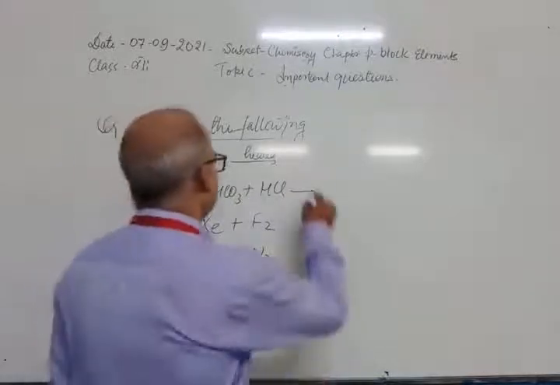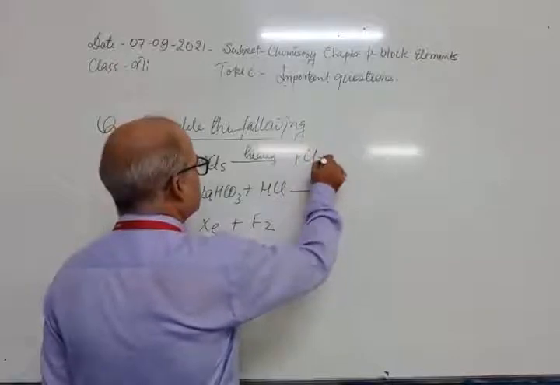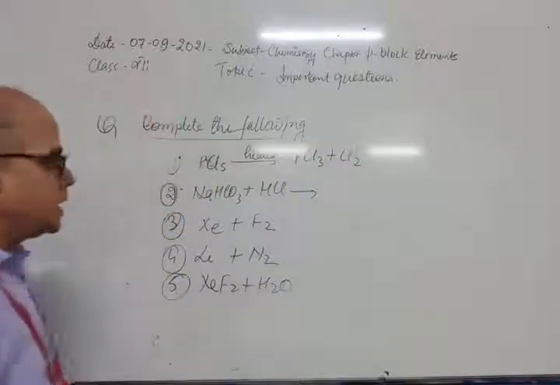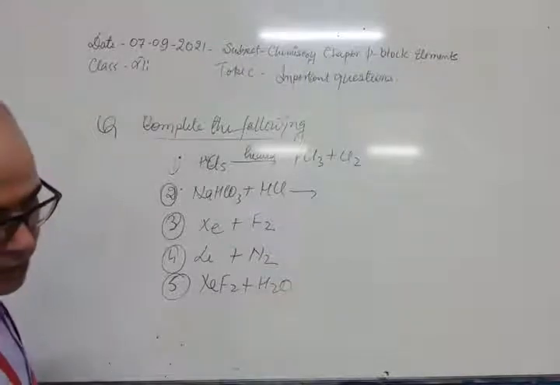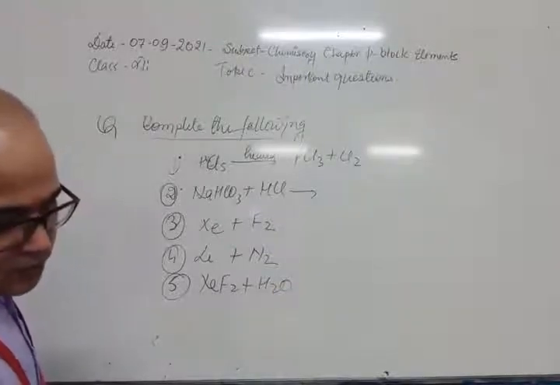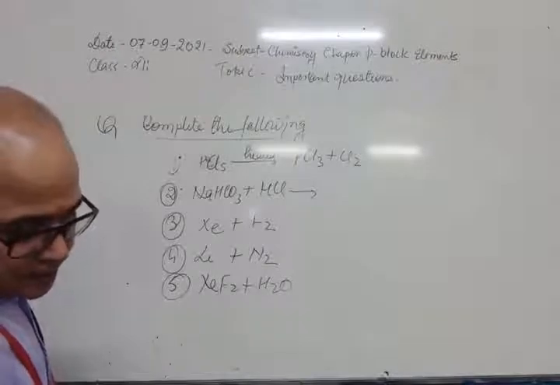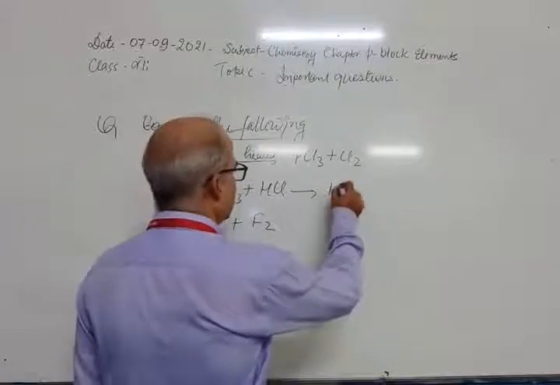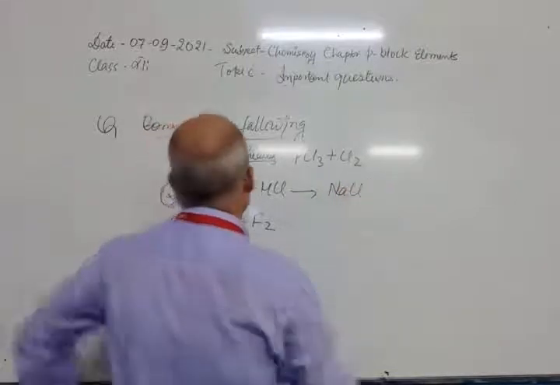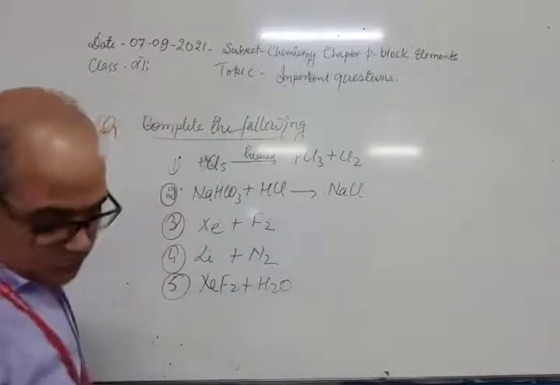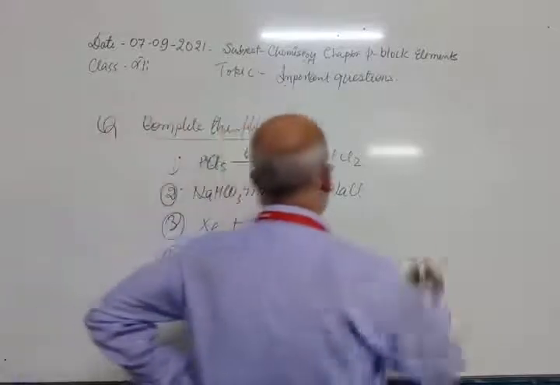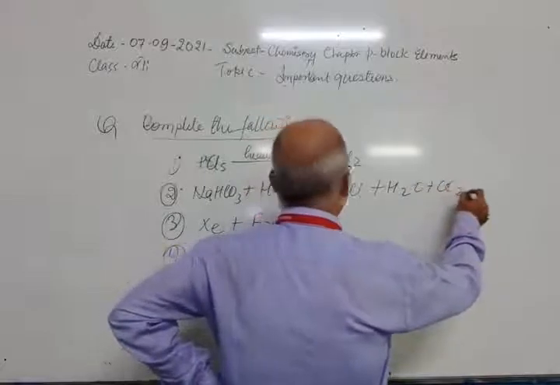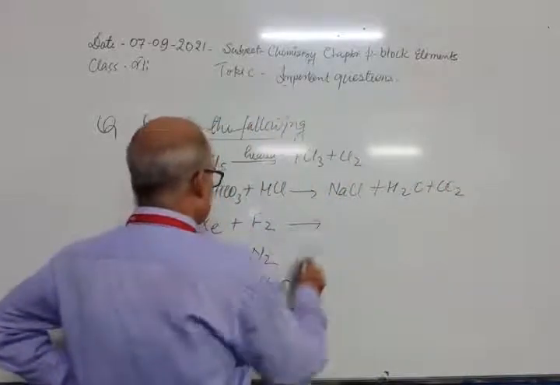When you heat this one, it will break into PCl3 plus Cl2. Similarly, when bicarbonate reacts with HCl, what will happen? First of all, NaCl is formed. Then H2O plus CO2 will be formed. Okay.